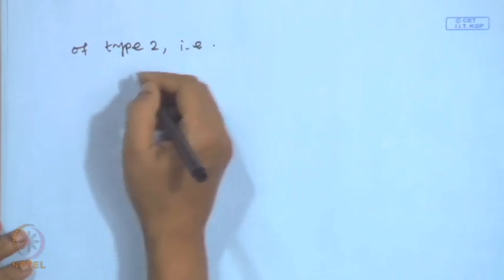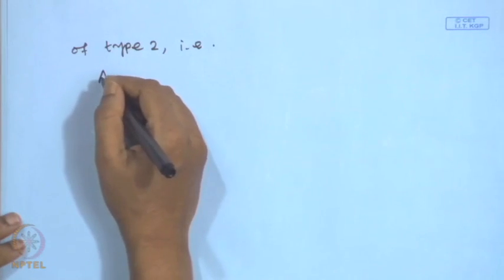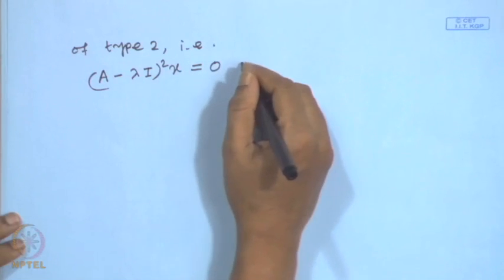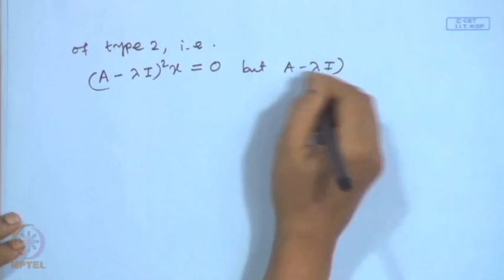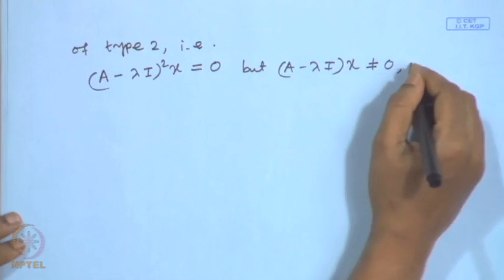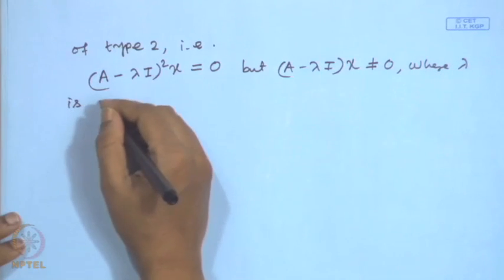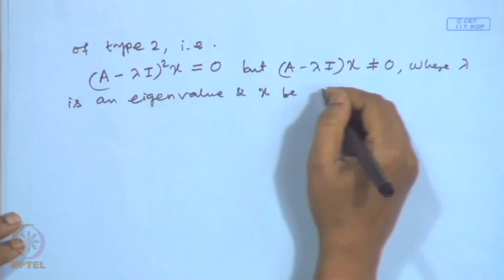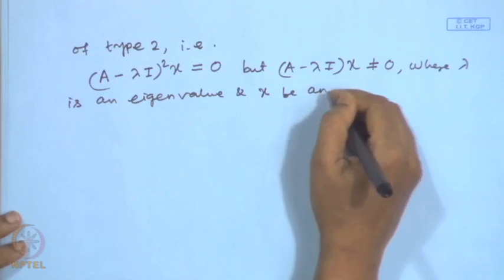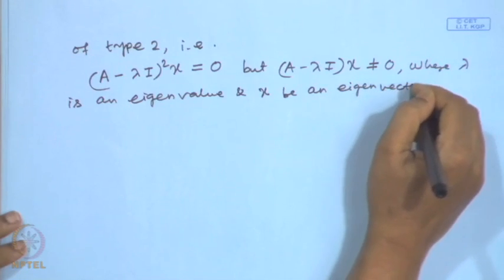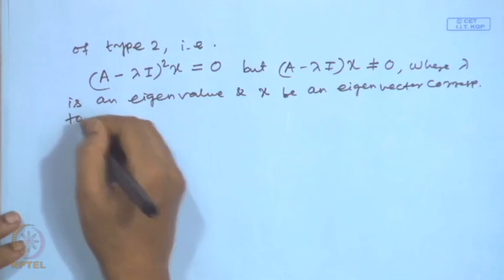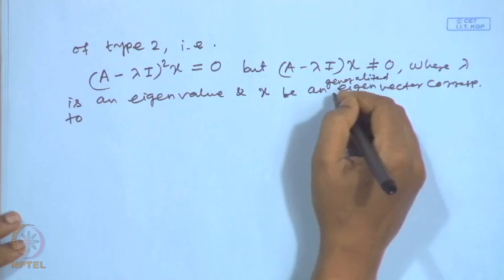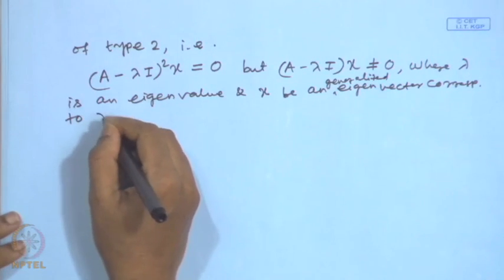That is, (A minus lambda I) whole squared x is equal to 0, but (A minus lambda I) x is not equal to 0, where lambda is an eigenvalue and x is a generalized eigenvector corresponding to this lambda.